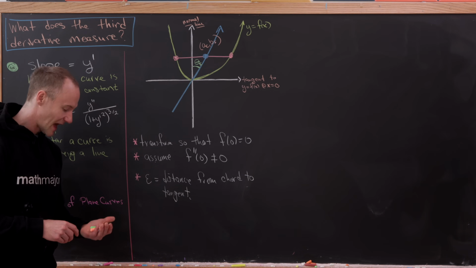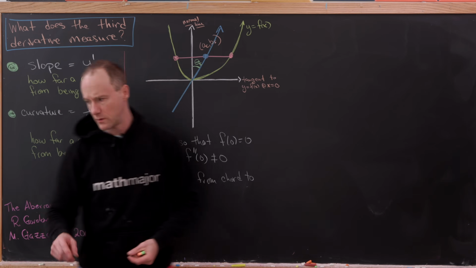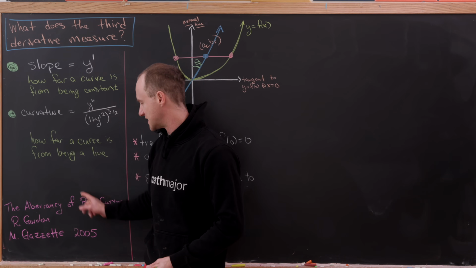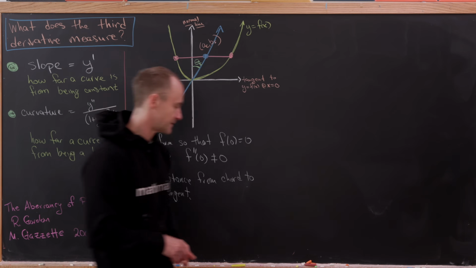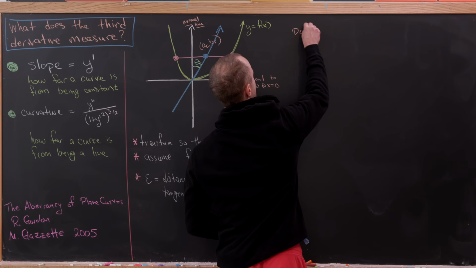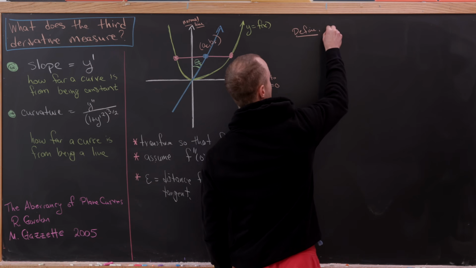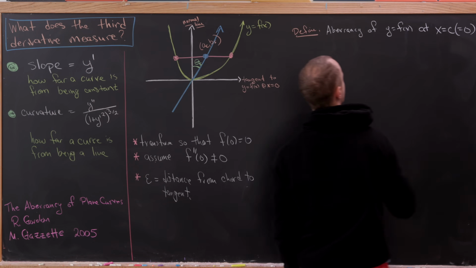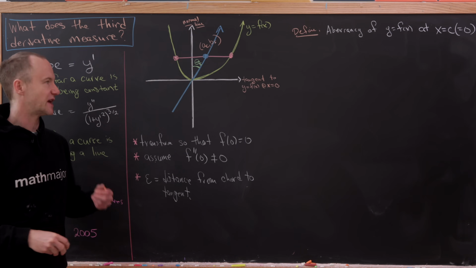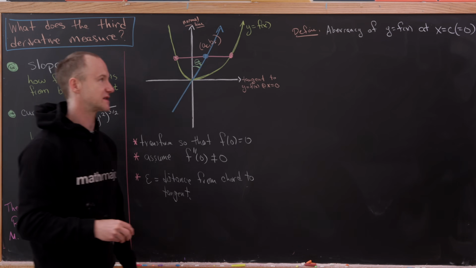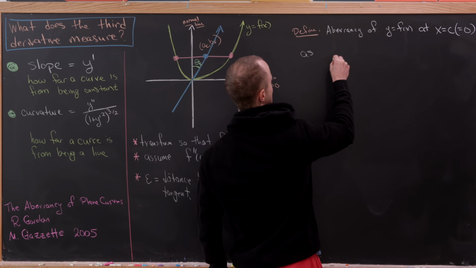Okay, and that brings us to the definition of this word down here, which is inside of the title of this article, which is the aberrancy. So let's maybe write that up here. Let's define the aberrancy of the curve y equals f of x at the point x equals c, which in our case is obviously equal to 0, as the following limit.